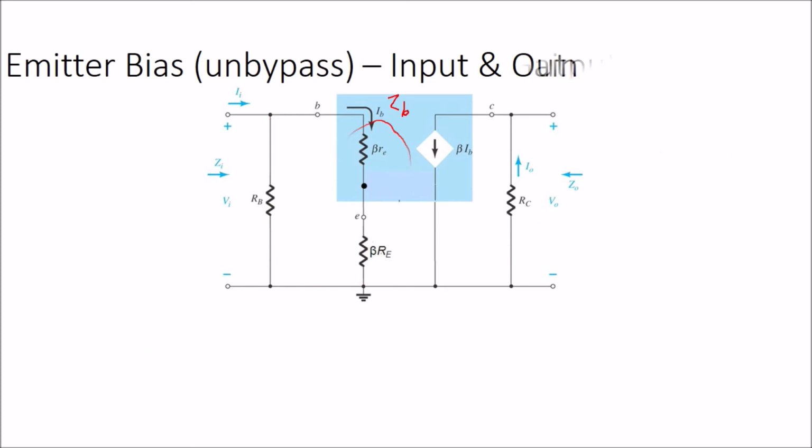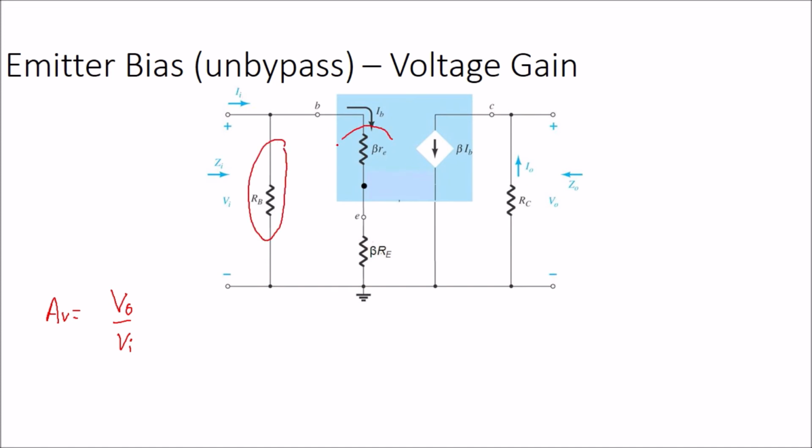For the voltage gain, the equation is AV equal to V0 over Vin. Let's find the Vin. Vin is parallel with this voltage and also this voltage. But for this voltage, we cannot find the value because we do not have the information of the current.